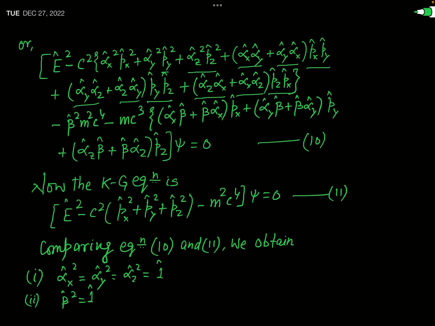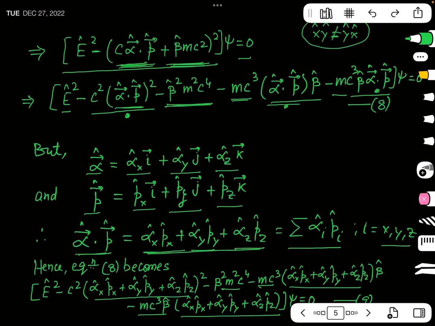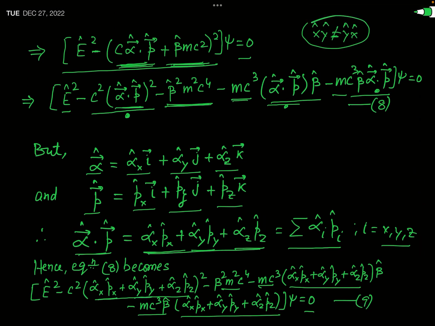And c square is a multiplicative factor here. In fact, this alpha x px plus alpha y py plus alpha z pz whole square has been simplified.